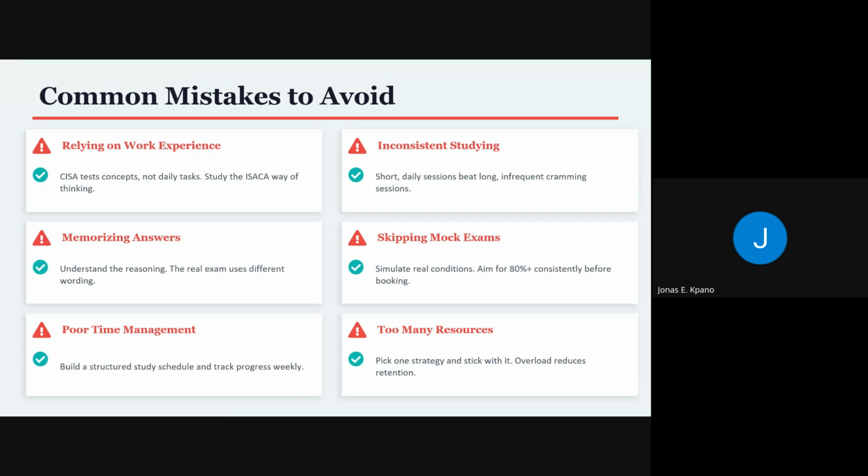If you follow so many strategies, you may end up with information overload. So what you need to do is research and pick one strategy that you think will work for you. Don't pick too many strategies. Just pick one strategy, maybe I'm going with the video, I'm going with the review manual. This is my strategy for me to pass. So basically, you need to focus on one strategy.